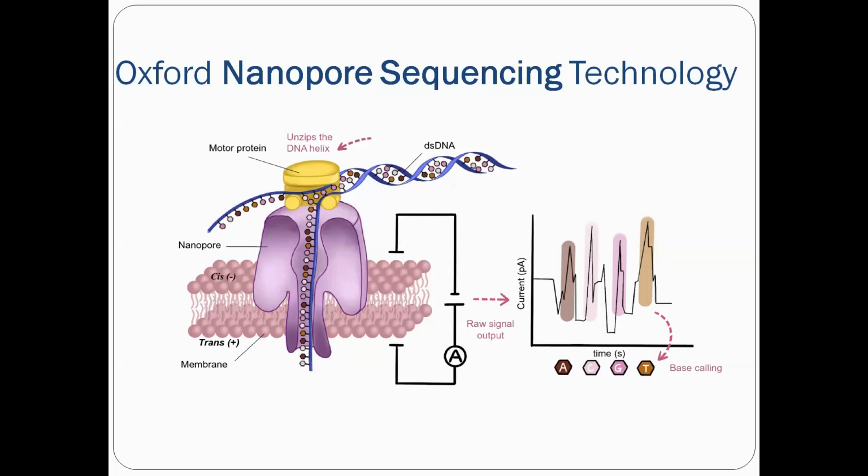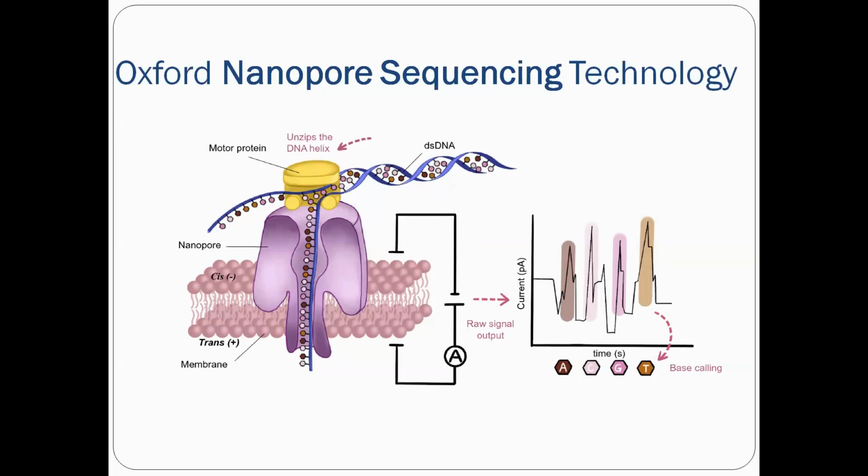He just has to attach this portable sequencing machine to the laptop, and then the sequencing will be performed, and the data being generated during sequencing can be studied in real time by the investigator.